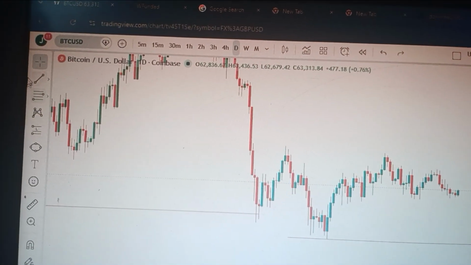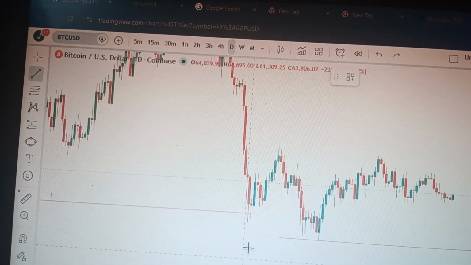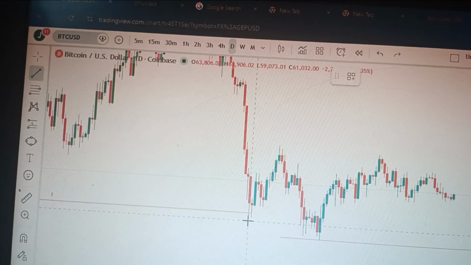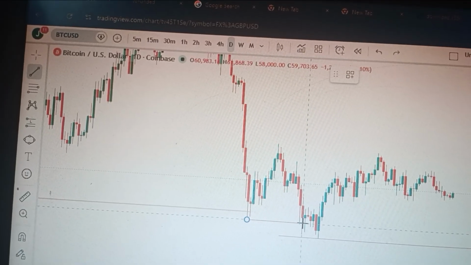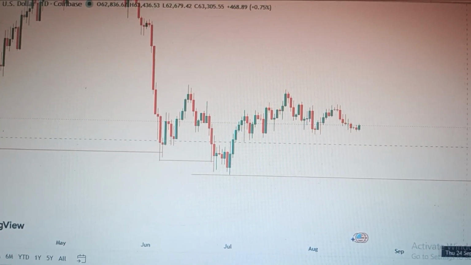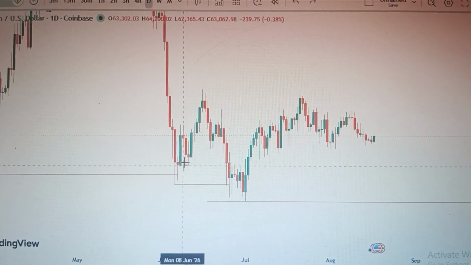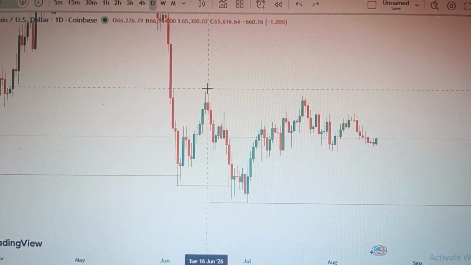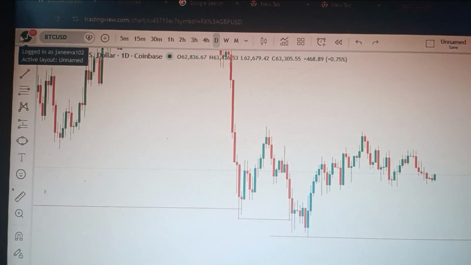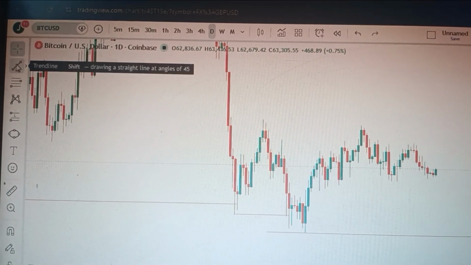What you can see here is we had a break of structure. After the massive drop in price, we had a push here, a retracement. So let's map it out.